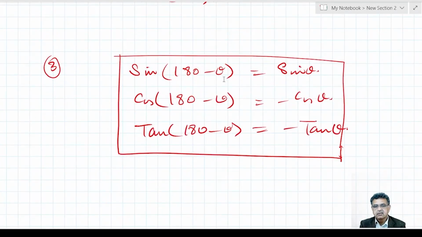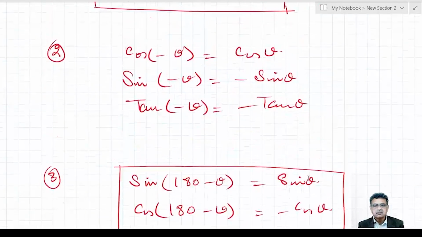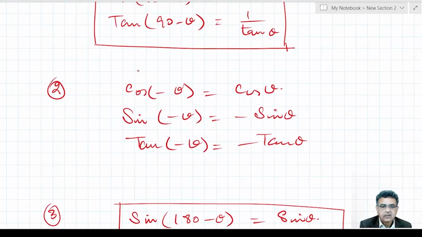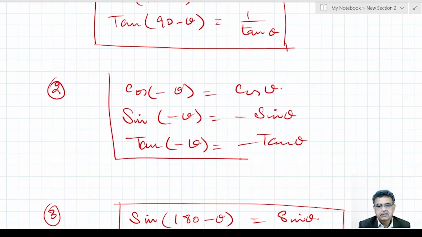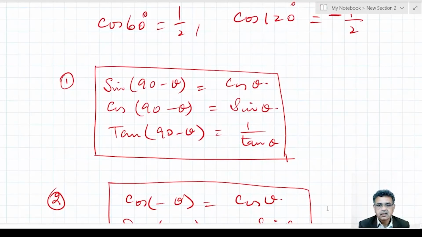If these are supplementary angles, then sine theta is unchanged, whereas the signs of cos and tangent are changed. So these three identities: one, these are the identities of complementary angles.